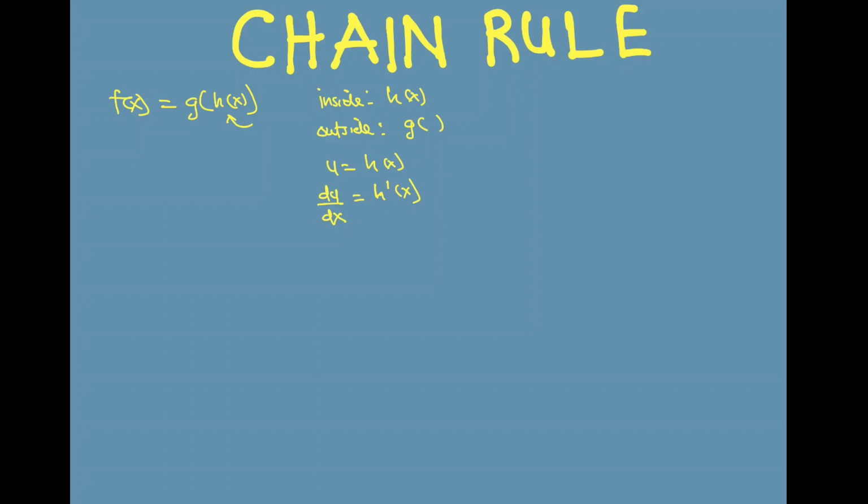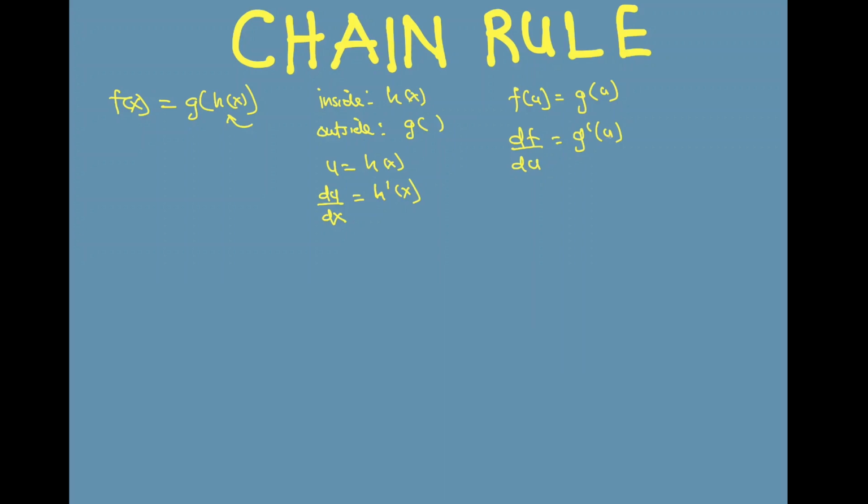Then our function f becomes a function of u, which gives us g of u. Now we also differentiate f with respect to u, which gives us g prime of u. But we know that u equals h of x.